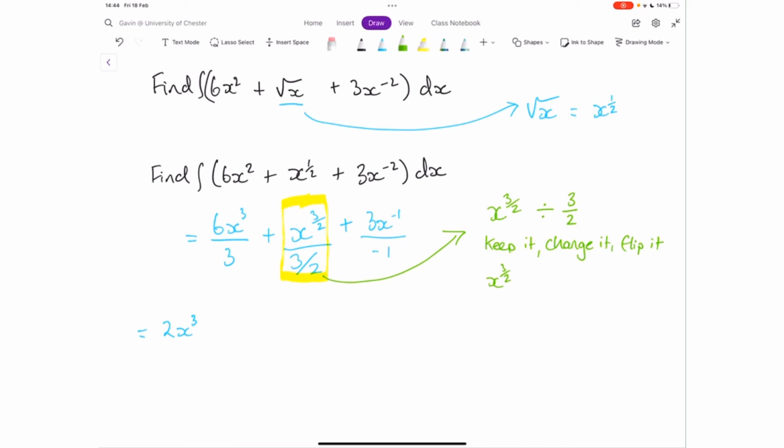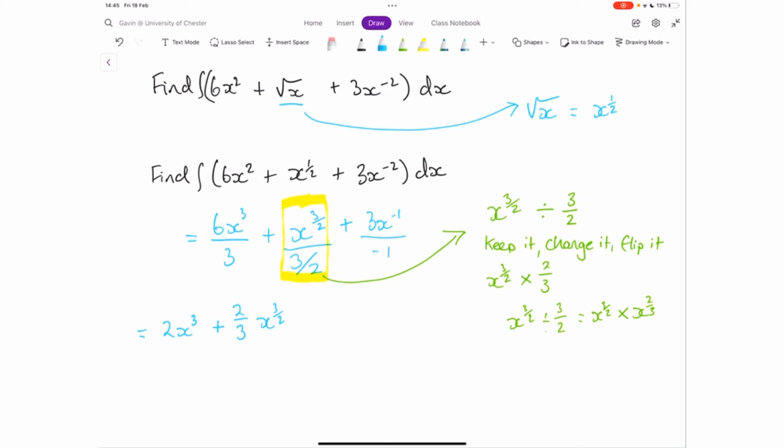Change it, I change the sign, so I multiply now, and flip it, and I flip the fraction. So what I'm saying is that x to the 3 over 2 divided by 3 over 2 is equal to x to the 3 over 2 multiplied by 2 over 3. So we can rewrite that over here as plus 2 over 3 x to the 3 over 2.